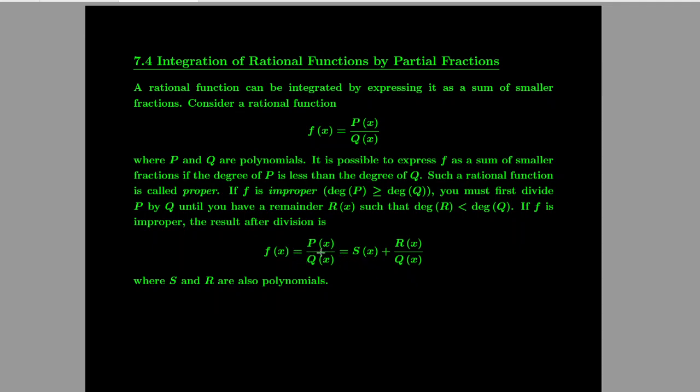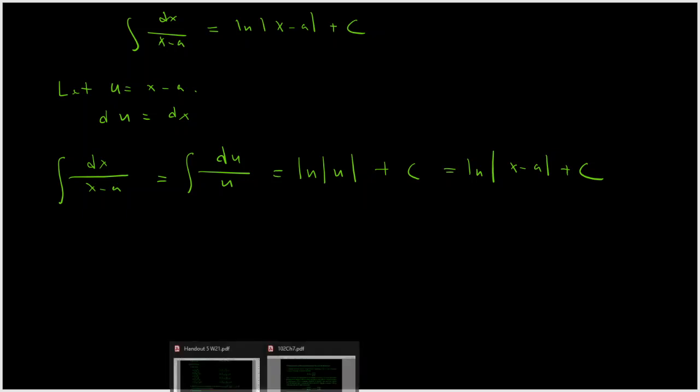After the long division, any improper rational function can be written as a polynomial plus a proper rational function. Actually, this R of x is the remainder in general after you do the long division. So we only need to concentrate on a proper rational function. Does that make sense?